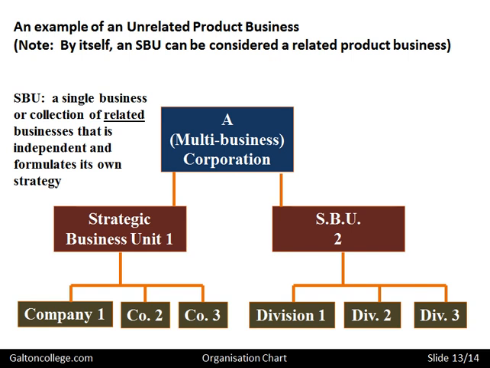Now an SBU, a strategic business unit, is a single business or a collection of related businesses that is independent and formulates its own strategy. So it's independent, it's not related to strategic business unit 2, it's got its own identity, and it formulates its own strategy, which it filters down to the different companies, and the companies themselves will formulate strategies and feed them upwards.